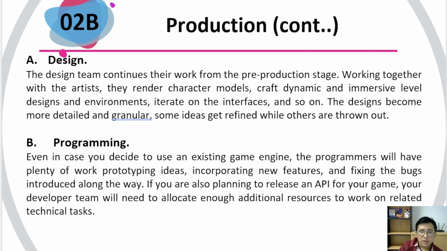Even in the next step, when we are using an API to release our game, we as developers will have to allocate enough additional resources to work on related technical tasks.